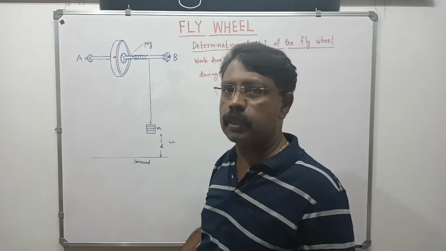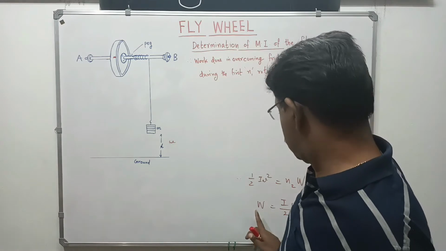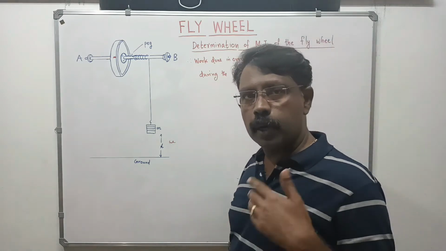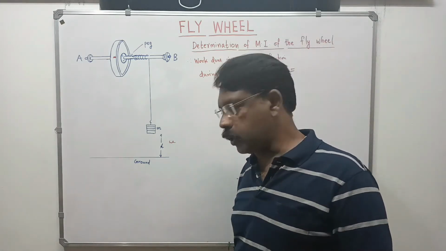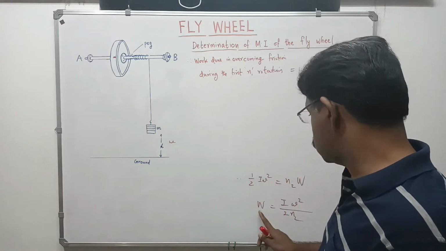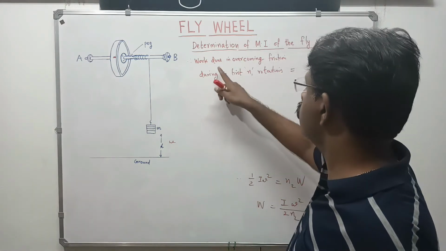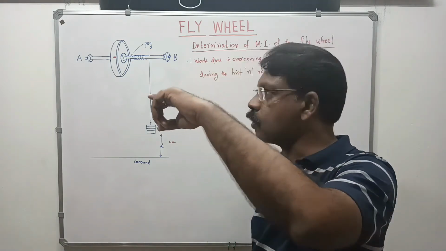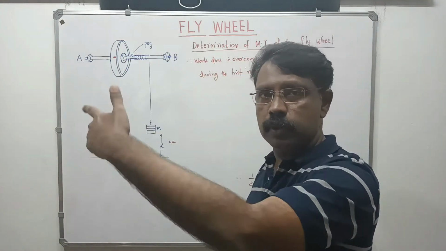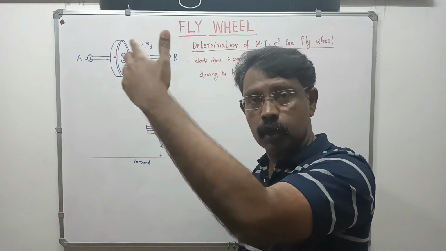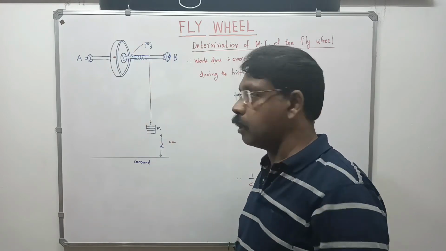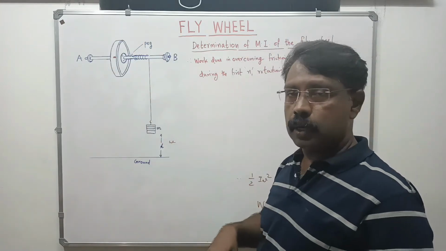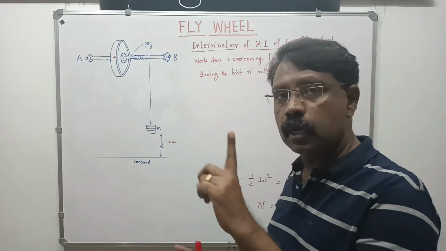So I can say that if I am taking W to be the work done in overcoming friction for a single rotation, what is the work done in overcoming frictional force during the first n1 rotations? This is for a single rotation.